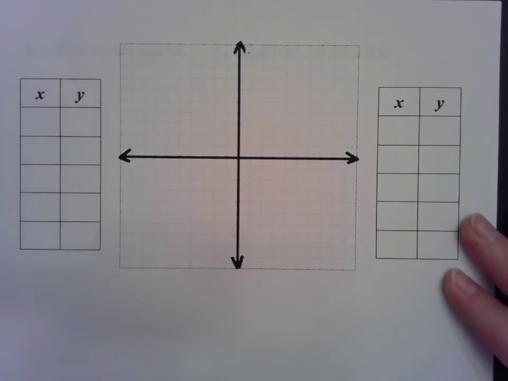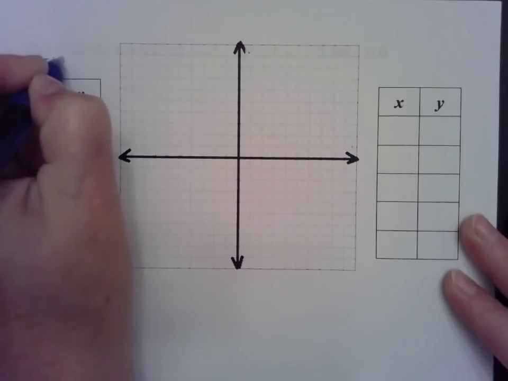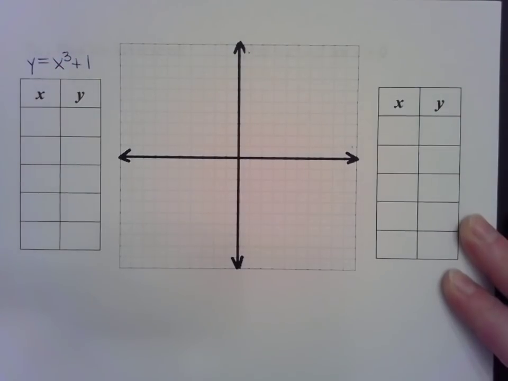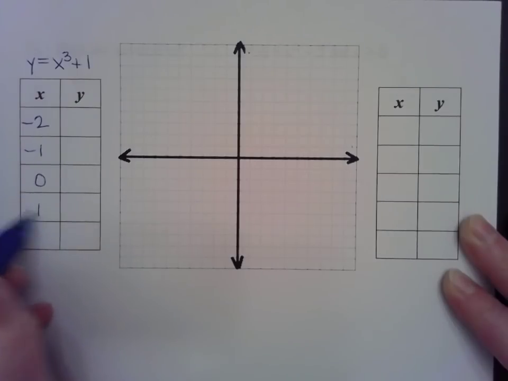So we'll start with y equals x cubed plus 1. This one is not shifted left or right, so we could use that standard set of x values to make this graph. It's still centered at 0, 0. Well, I take that back. It's up by 1, so now it's centered at 0, 1.